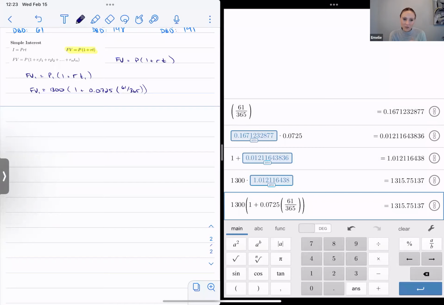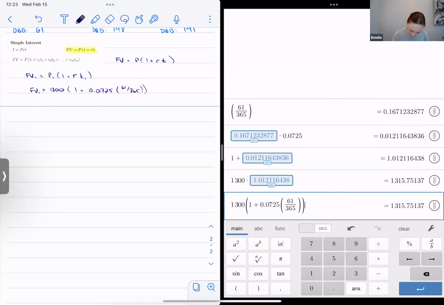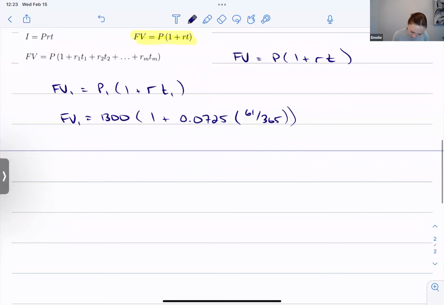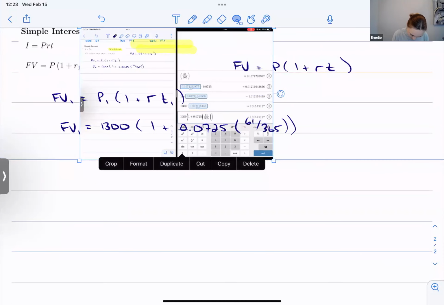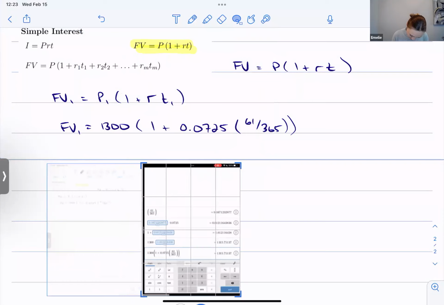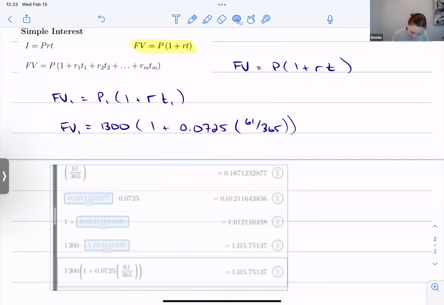Otherwise it's a complete mess. So this is what I wanted to show here. Now I'll bring this in here. Insert. Don't need this. But I do want this.